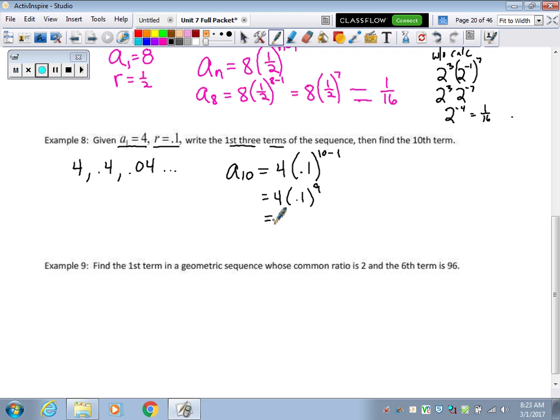That's a 1 with 8 zeros in front of it times 4. 4 times 10 to the negative 9th. And your calculator can do the scientific notation for you if you can't remember how to do that.